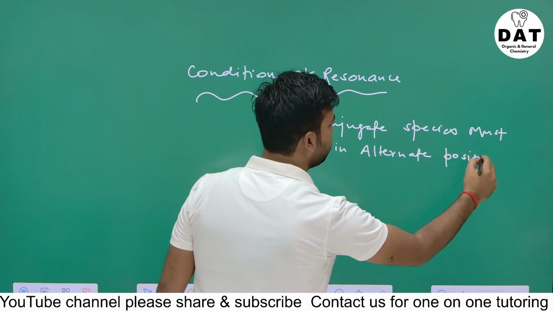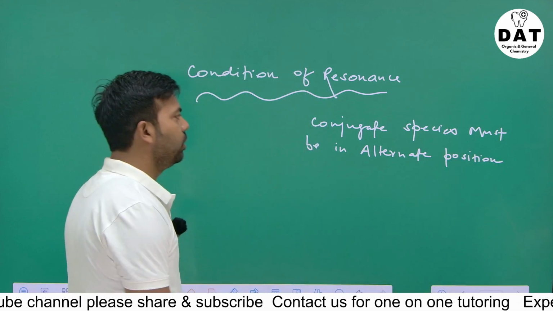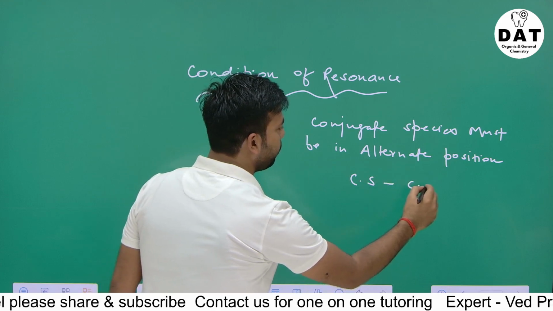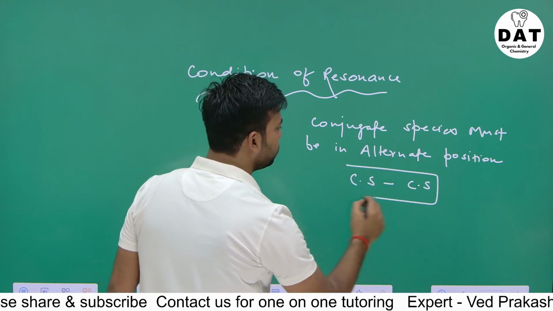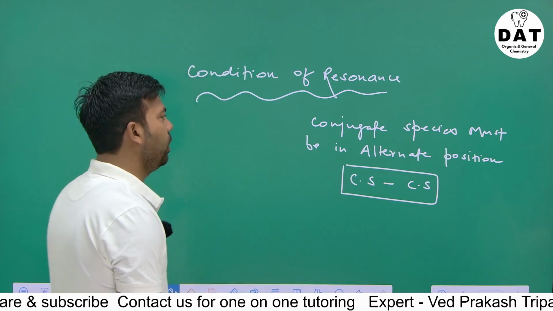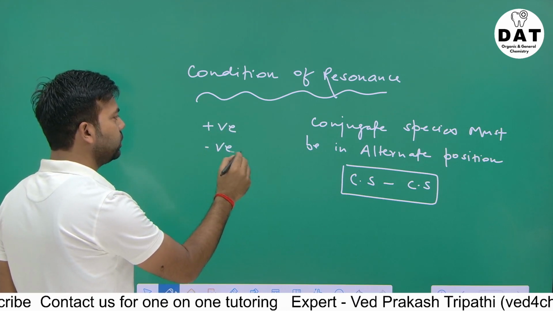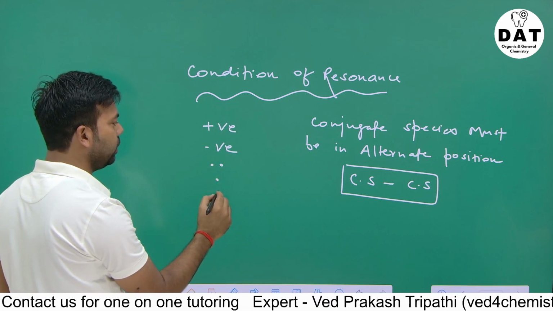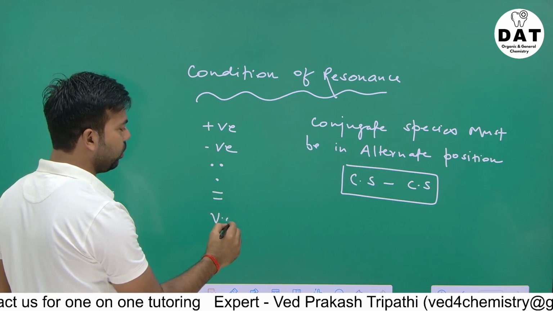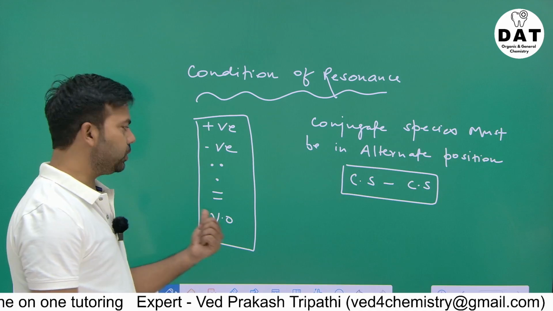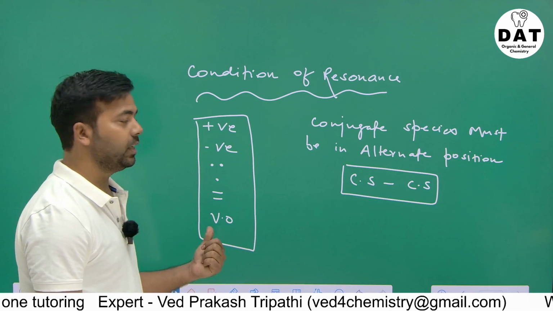So this is a condition of resonance. Means between two conjugate species we should have a single bond. This is called condition. And conjugate species is what? Positive charge, negative charge, lone pair, radical, double bond and vacant orbital. So if these species are in alternate, then that is called resonance.